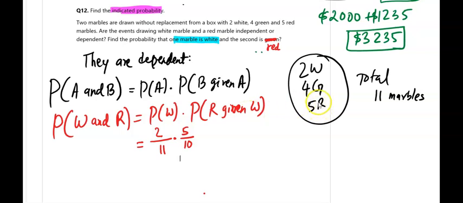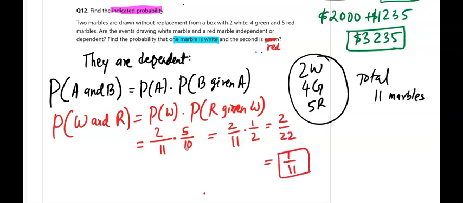So out of 10 there is 5 red. So if you multiply 2 over 11 times 5 over 10, by the way, you can simplify 5 over 10 as 1 over 2, and you get 2 over 22, which is the same as 1 over 11. That's the probability of white and red.